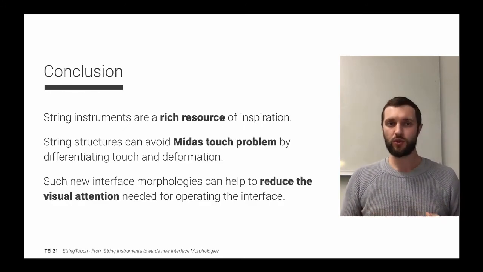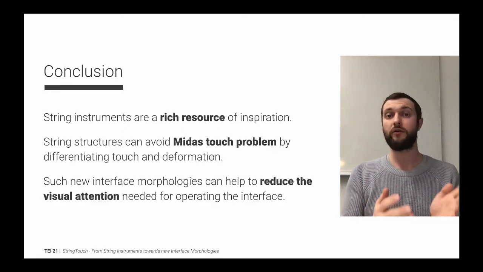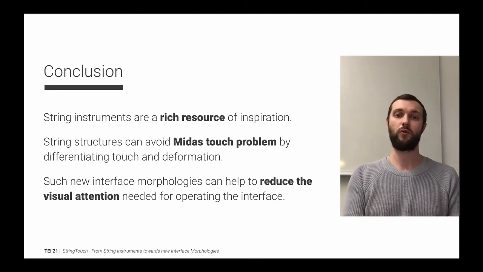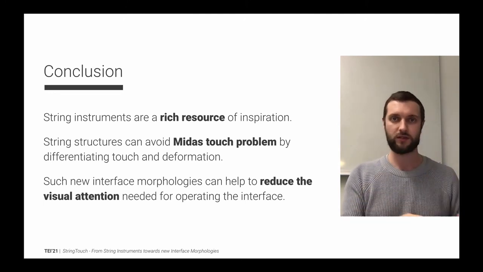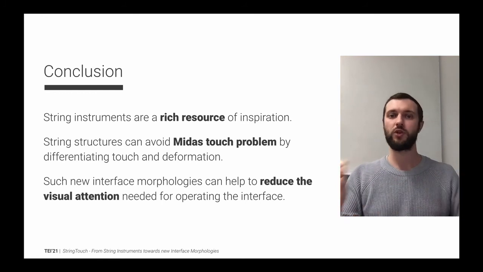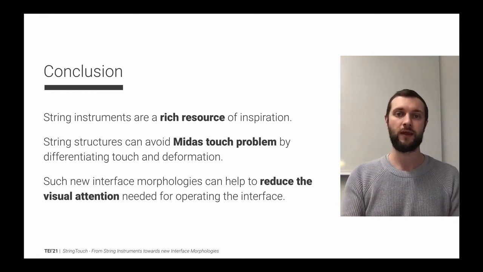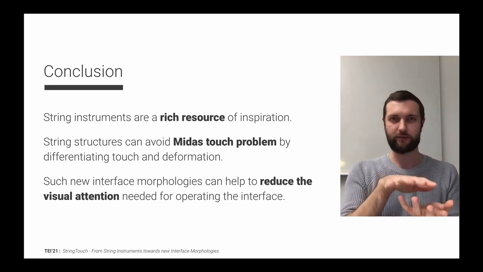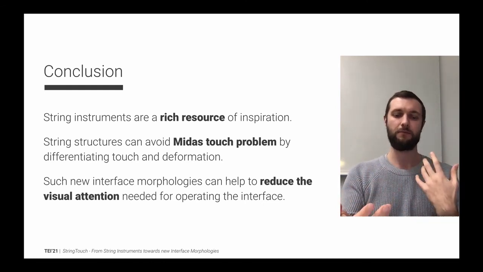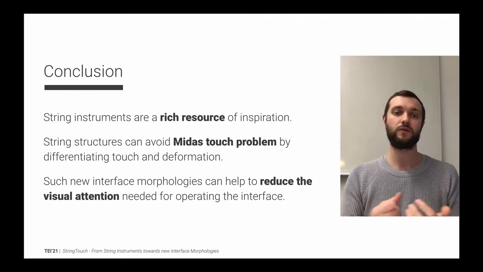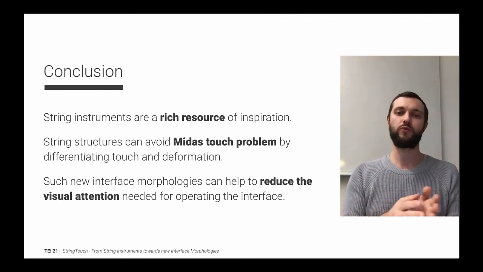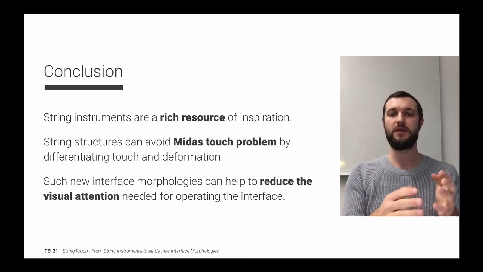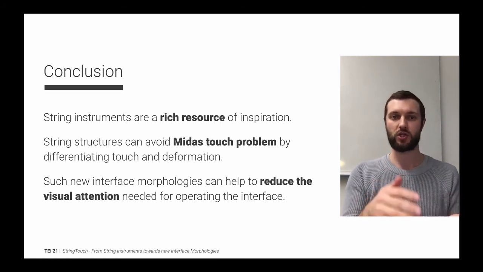As a conclusion, string instruments are a rich resource of inspiration. We found different types of interaction, different types of morphologies which we could use or reuse. We also found that the technology we developed, like the capacitive touch in combination with the magnet and Hall effect sensors, could provide a way to avoid the Midas touch problem, because we can differentiate touch from deformation.